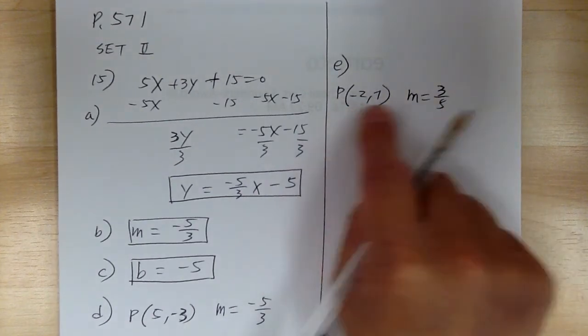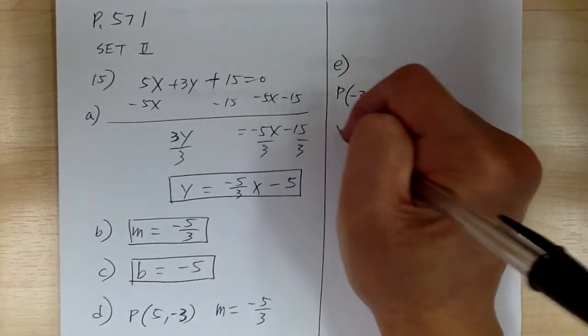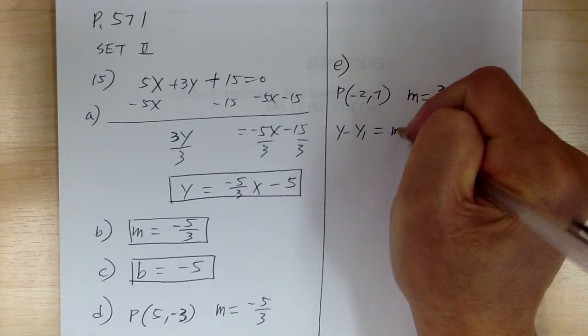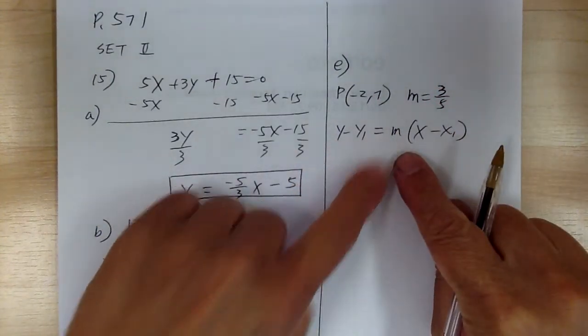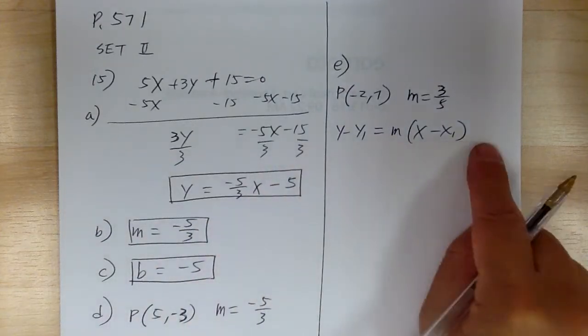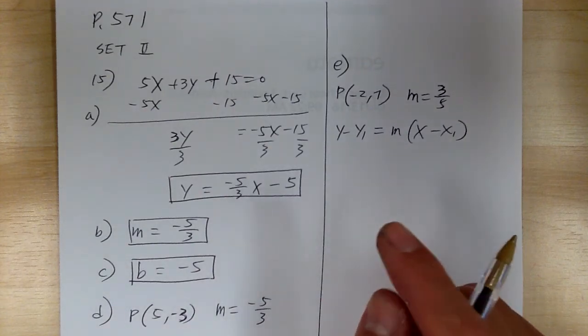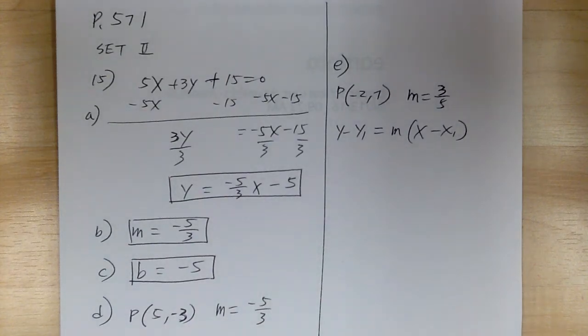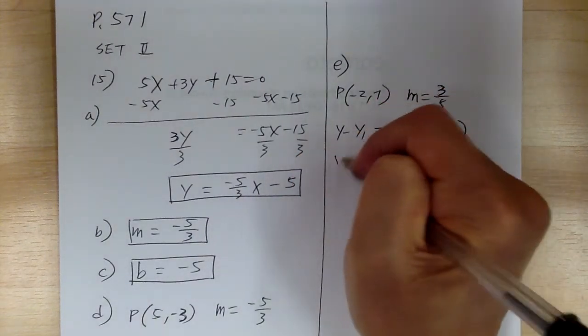Now you have a point and a slope. To write the equation, again, you use the point-slope form: y minus y1 equal to m times x minus x1. Always write down your equation first, then substitute. Don't try to substitute into an equation without writing it out, because when you try to do two things at the same time, it's very easy to get confused and make mistakes. Write it out, then start to substitute.